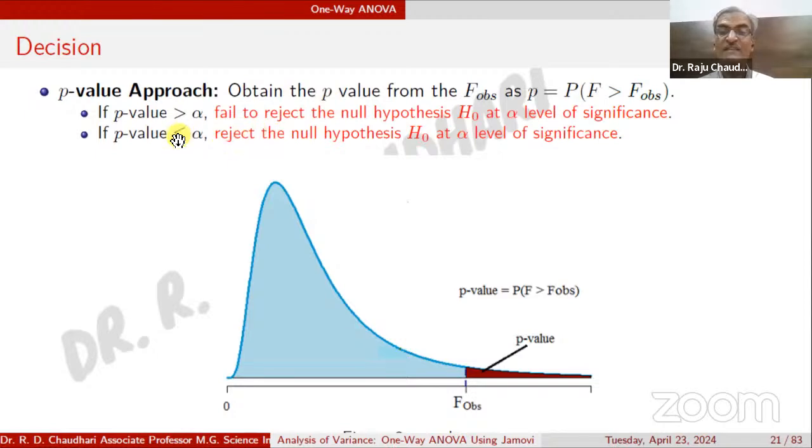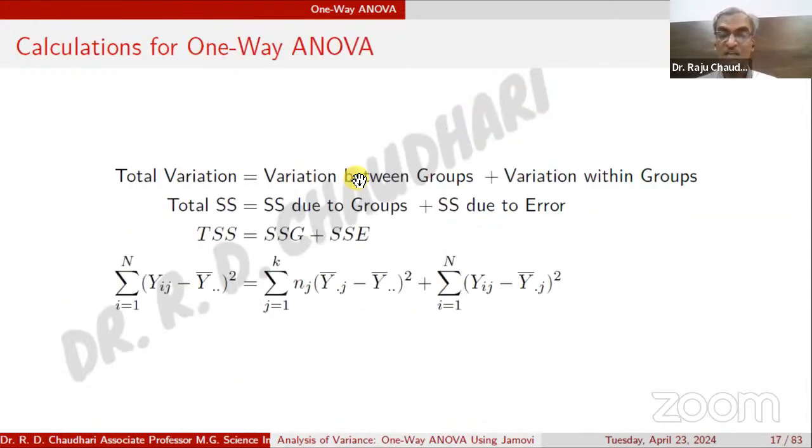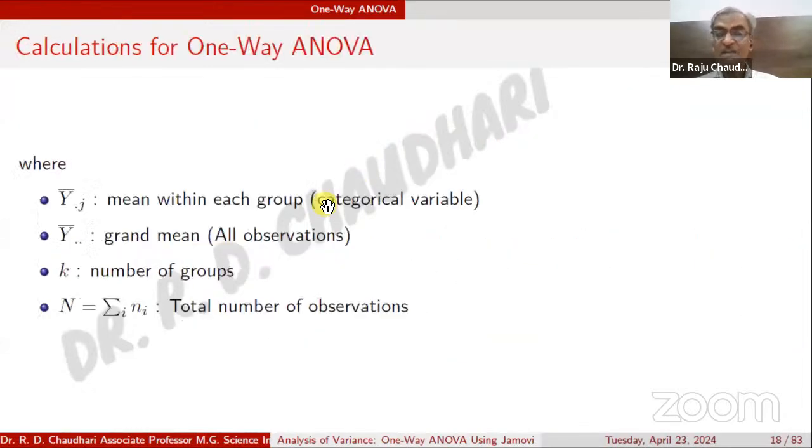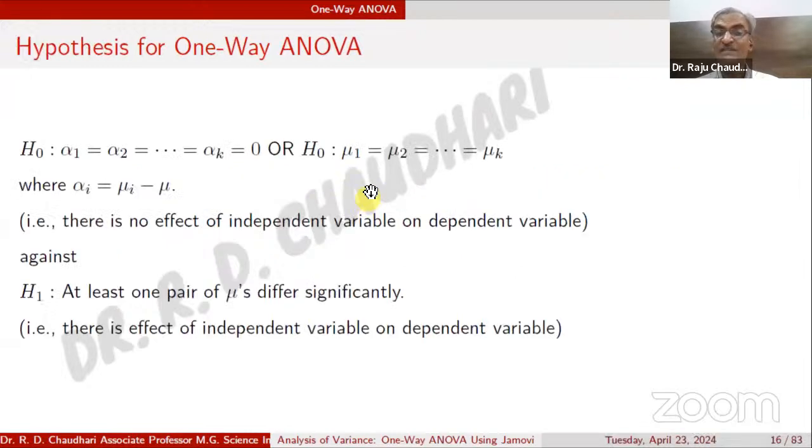Now suppose in any ANOVA example we reject the null hypothesis, that is, the p-value is less than or equal to alpha. What is our null hypothesis? Our null hypothesis is that all the means are equal. So that is rejected.